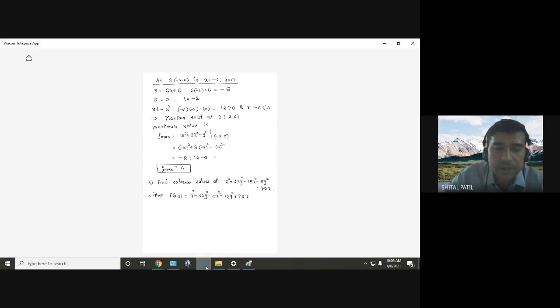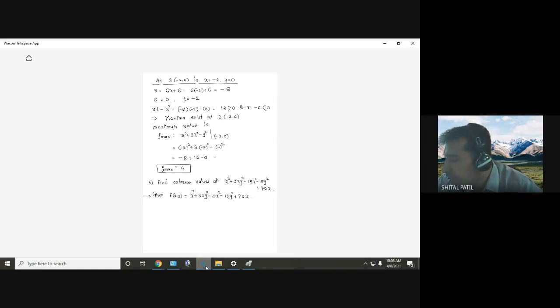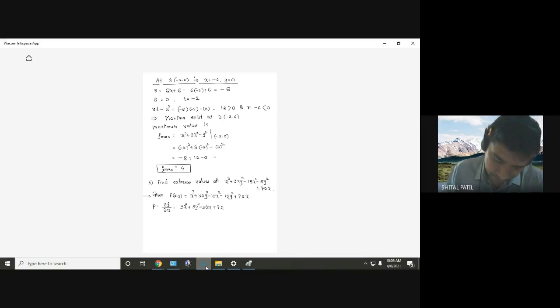Okay, done. Differentiating partially with respect to x and y. Three x square plus 3y square minus cube.